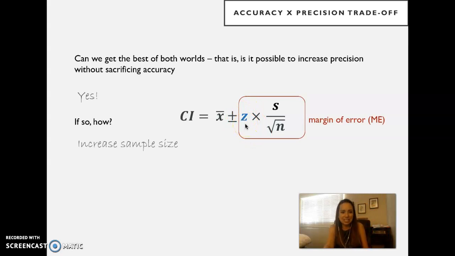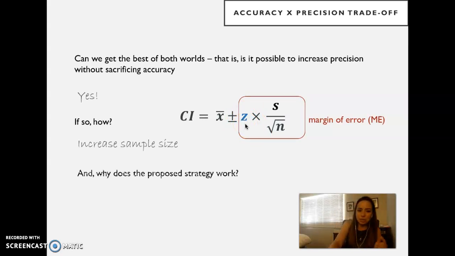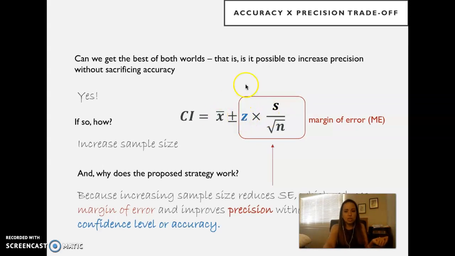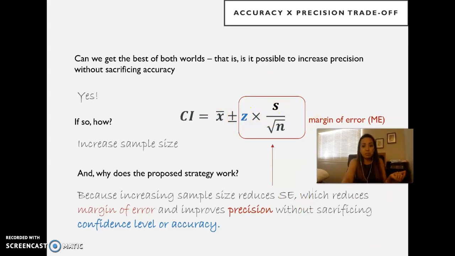So the answer is yes, and the how is to increase sample size. Why does that strategy work? Because increasing sample size reduces the standard error, which is the standard deviation divided by the square root of the sample size. This reduces the full margin of error and improves precision without sacrificing the level of confidence, or accuracy, that you define and fix by using the appropriate z, right?